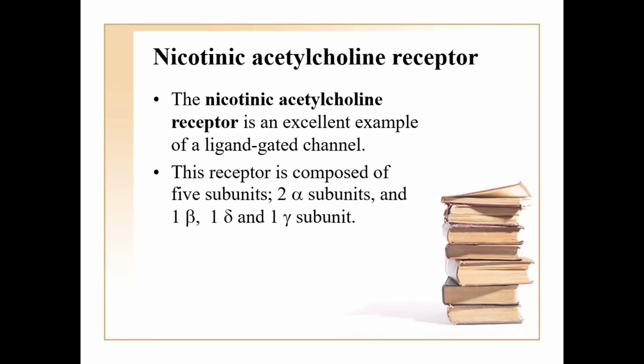Has an alpha, a beta, a delta, and a gamma subunit. Two of the alpha subunits. So it's a pentamer, but it's a heteropentamer. In your brain, you have versions of this that are homopentamers. They're all made of the same particular subunit.